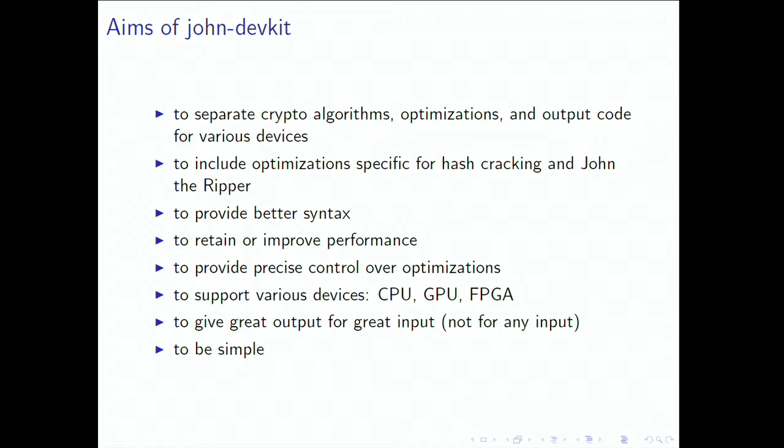The objective of John Dev Kit is to separate the algorithm optimization and the code generation for different devices. So John Dev Kit must also include different optimizations for hash cracking in John the Ripper, give more convenient syntax without slowing down the speed, and give precise control over optimization.